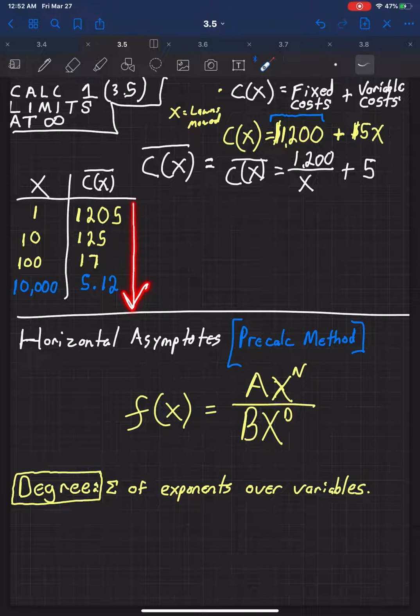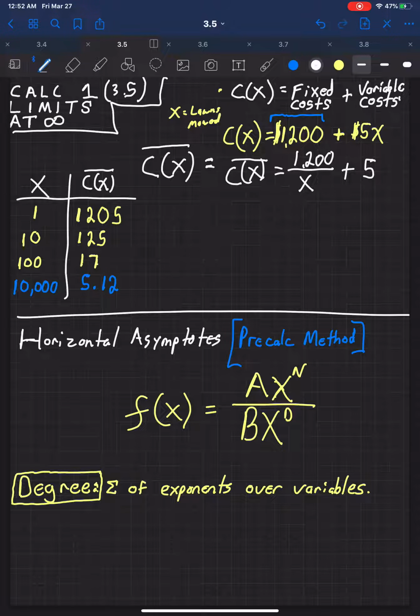Is there a certain amount of lawns that you can mow where your average cost function would be 0? Is it ever possible for you to get your average cost to be 0? Well, that is a horizontal asymptote question. That is a question about end behavior.